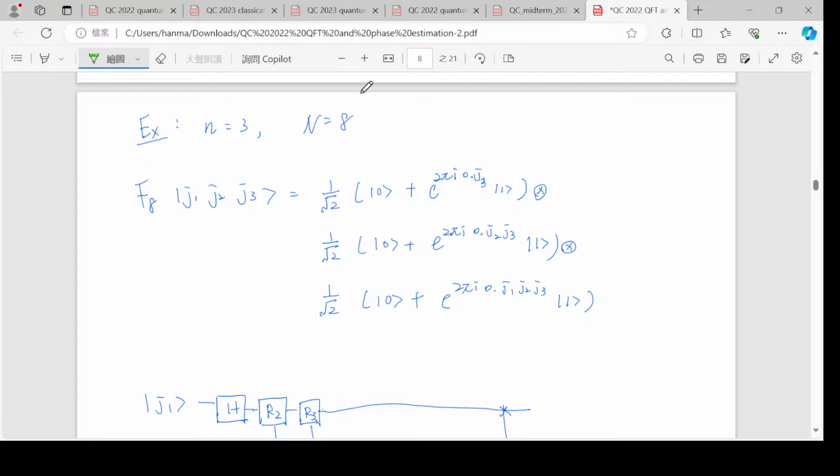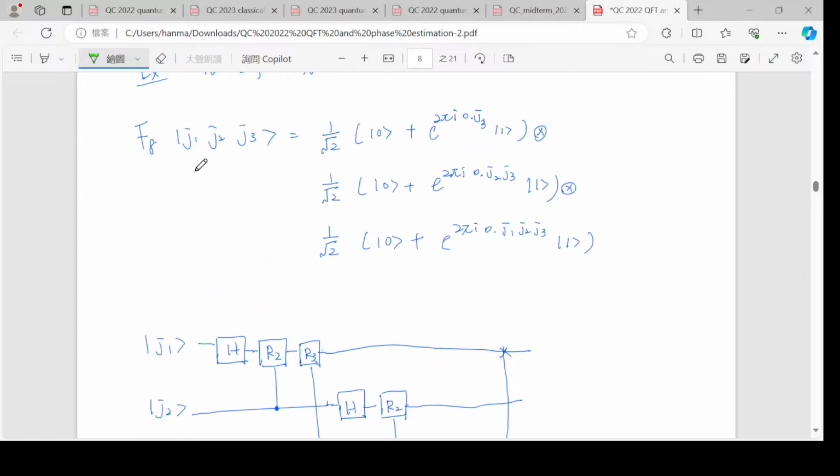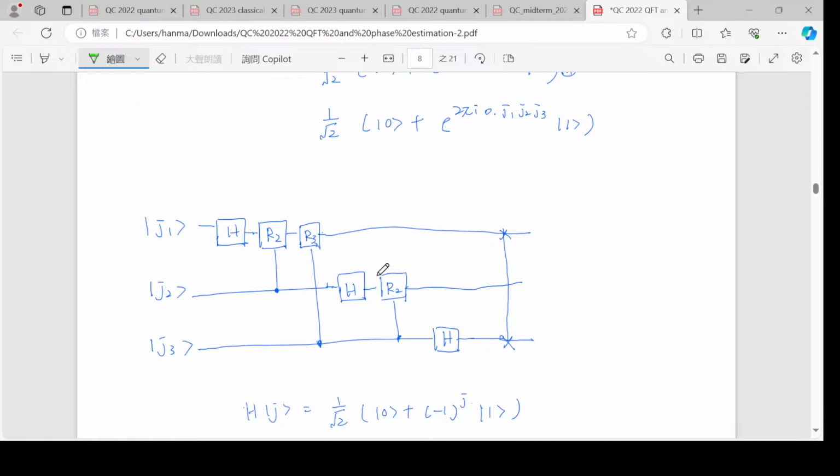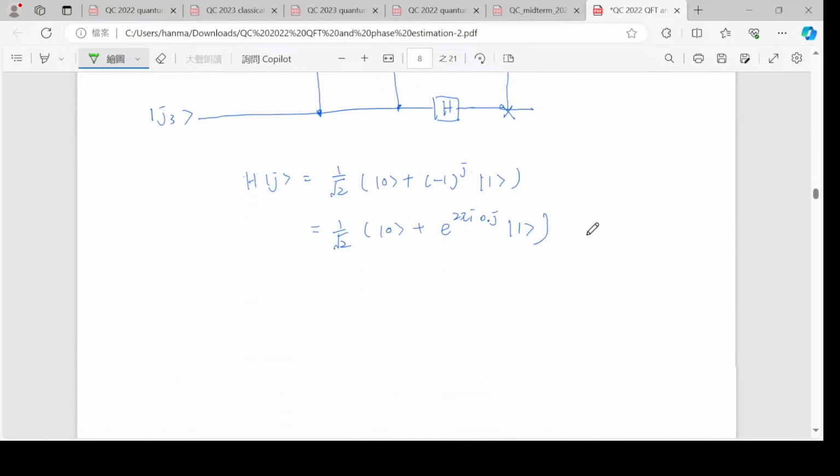Okay, so it's all 0 plus 1, but with these weird phases, and also 1 over square root 2. And we say this circuit will make j1, j2, and j3 exactly into the product state of those 3 things. So this product should give you this, and this product should give you this, and this product should give you this.